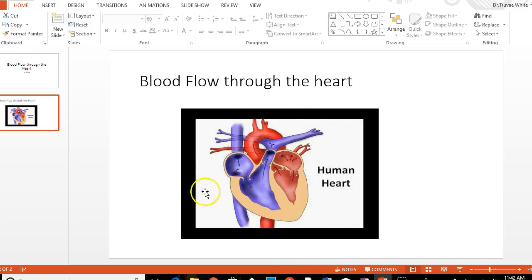So let's look at the overview of the human heart. Here's our human heart here. All right, we have our right atria. We have our tricuspid or atrioventricular valve that's found here. We have our right ventricle. We have our pulmonary or pulmonic valve, aka semilunar valve.